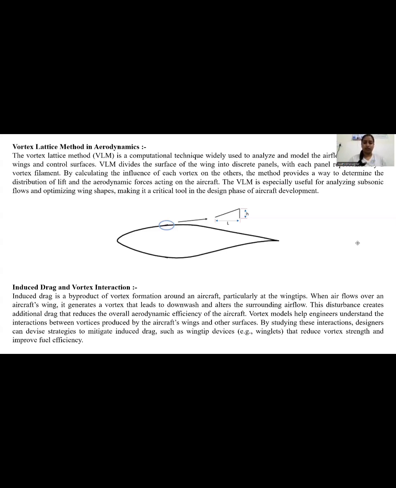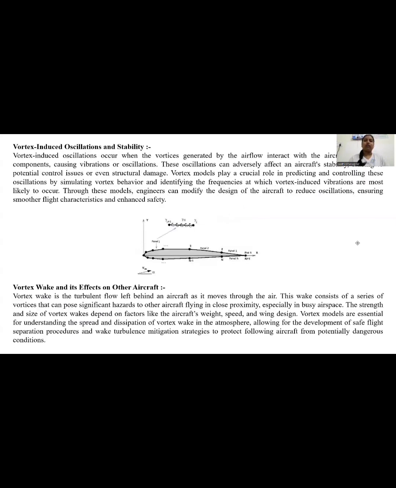The vortex model helps engineers understand the interaction between vortices produced by the aircraft wings and other surfaces. By studying this interaction, designers can devise strategies to mitigate induced drag, such as wingtip devices, for example winglets, which reduce vortex strength and improve fuel efficiency.